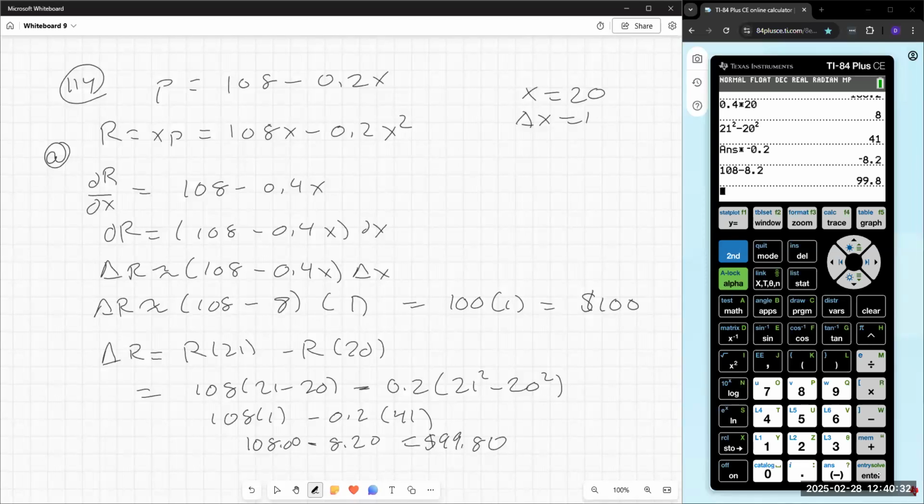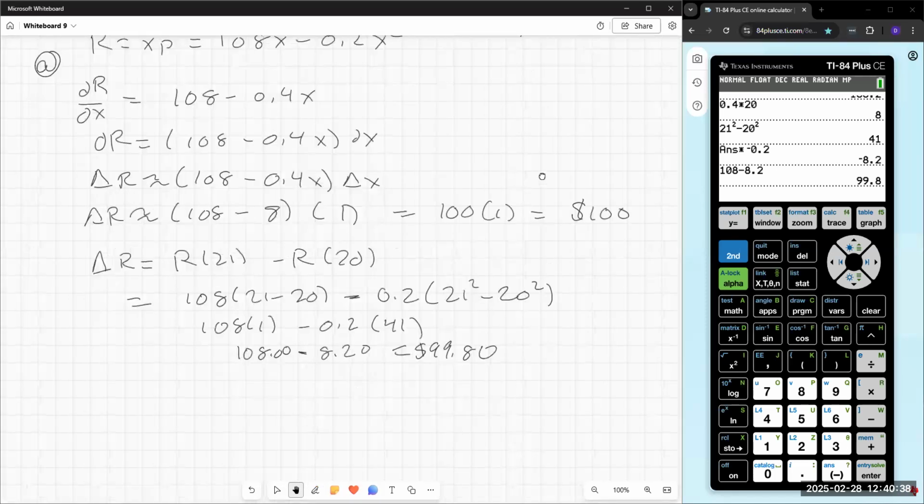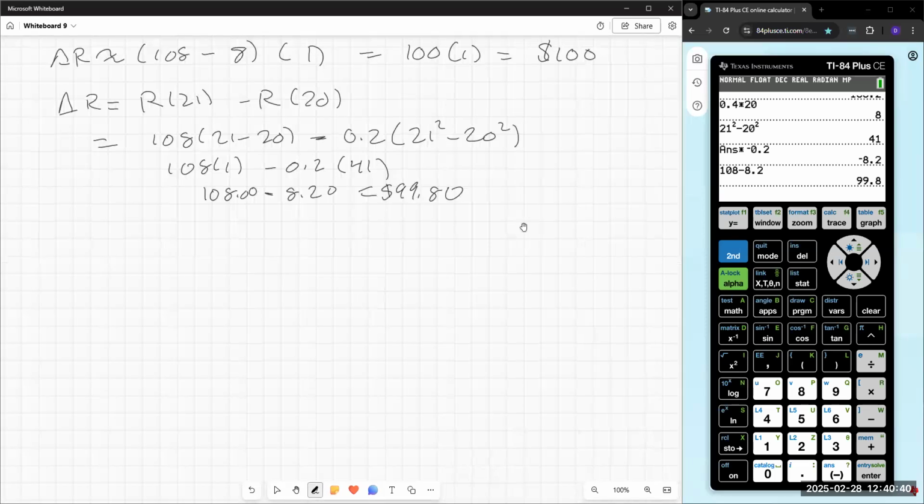And then repeat that for when we go from 40 to 41.